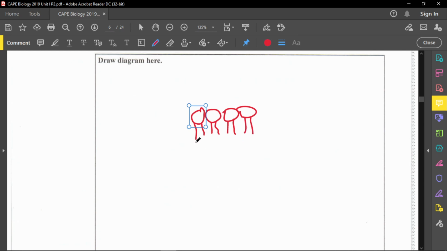Let me draw the lines here so it'll be easier for me. As a matter of fact, let me draw the circles here, which is a phosphate. I'm not the greatest artist here, but I'm trying my very best to draw something.